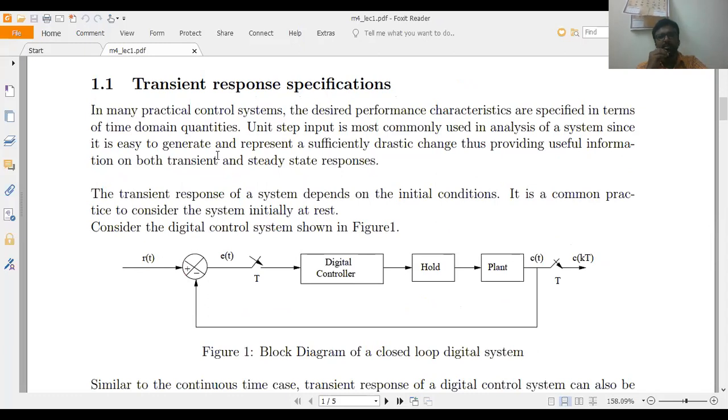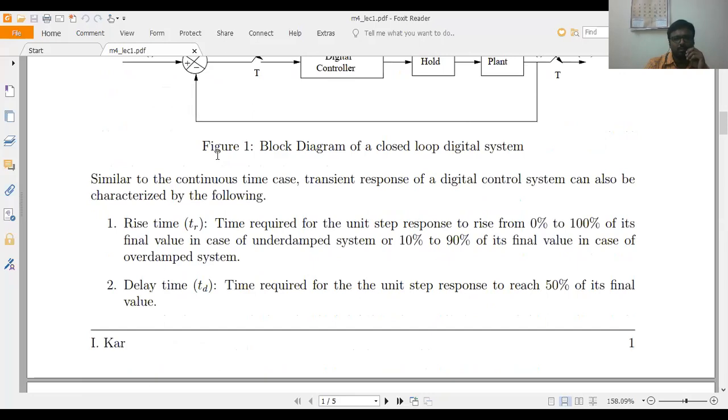Because it can be generated easily and represented easily, and there will be no drastic change for the total system. So while discussing the definitions of these transient response specifications, I may repeatedly use the words unit step response.